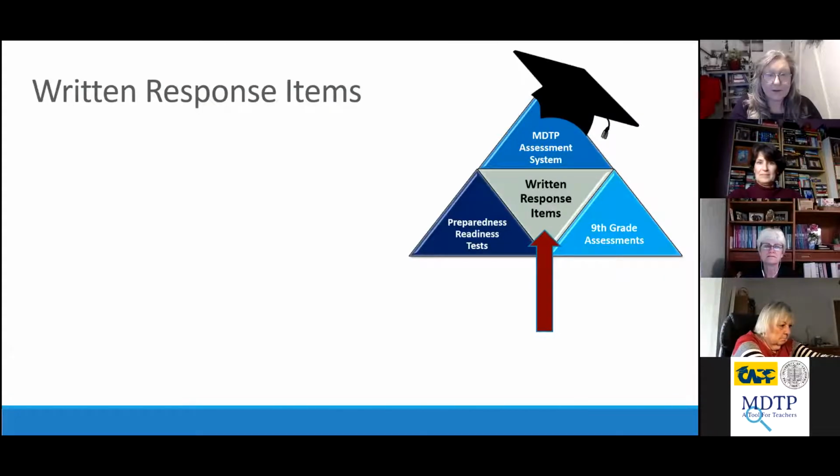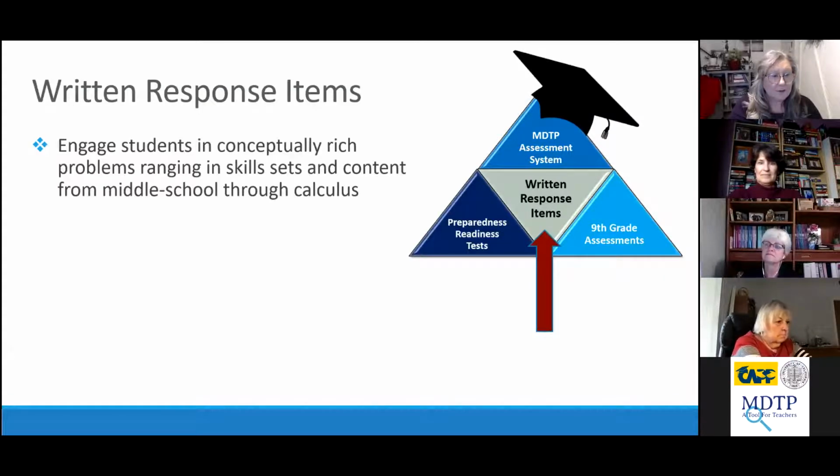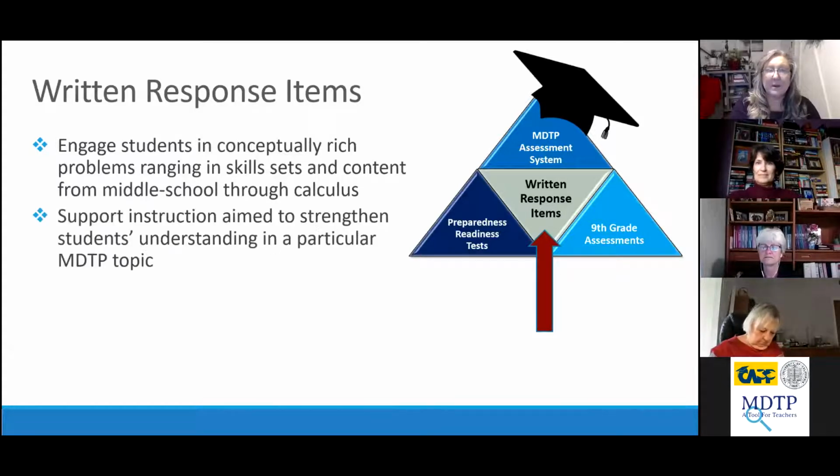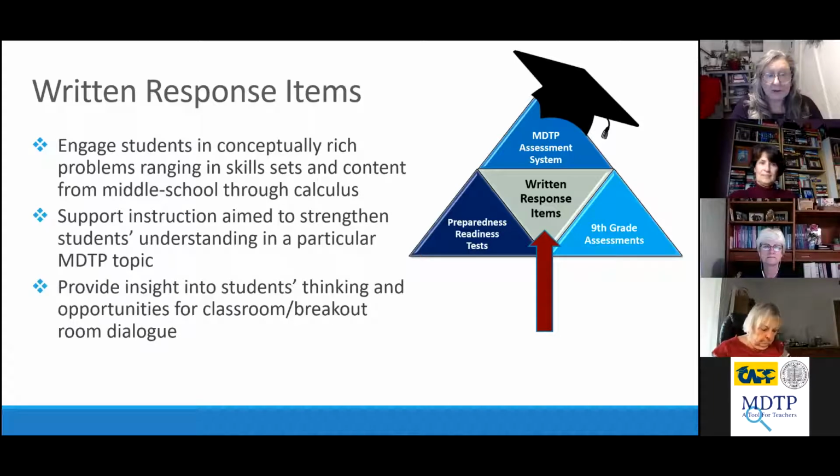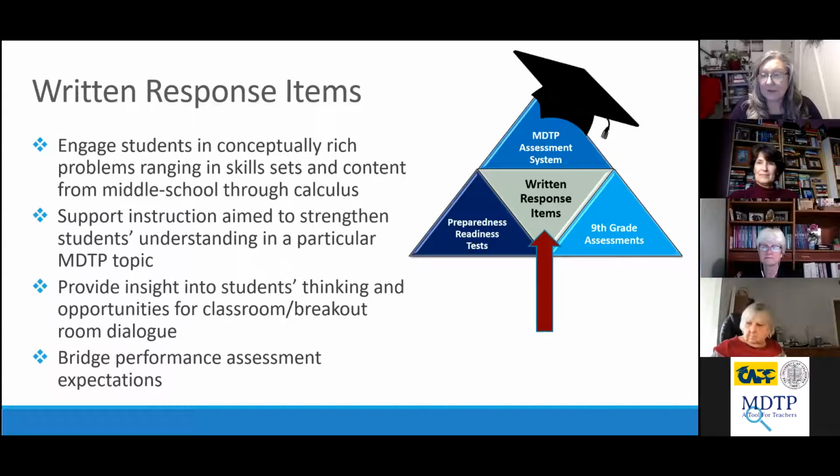Written response items engage students in conceptually rich problems ranging in skill sets and content from middle school through calculus. They support instruction aimed to strengthen students' understanding in a particular MDTP topic, provide insight into students' thinking and opportunities for classroom breakout room dialogue, as well as bridge performance assessment expectations.